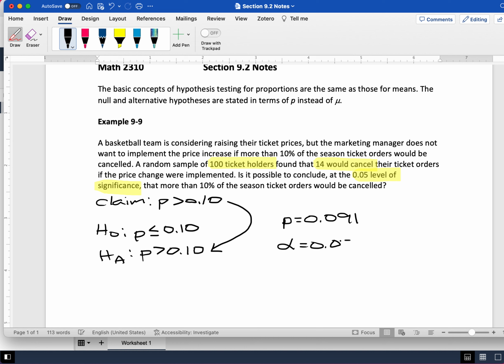In this case, no, the p-value is not less than alpha. The p-value is bigger than alpha. So since p is not less than alpha, that means we cannot reject, or we fail to reject, the null hypothesis.